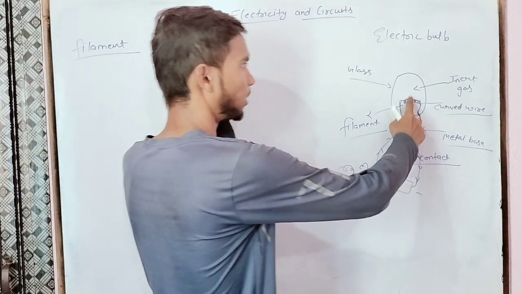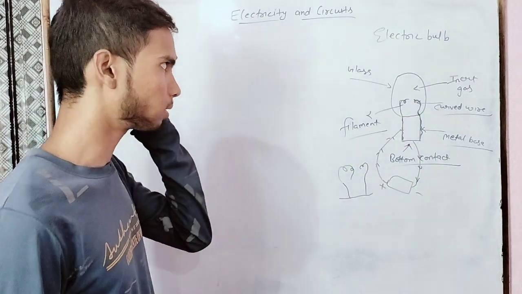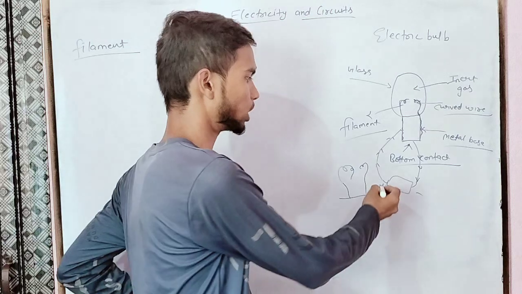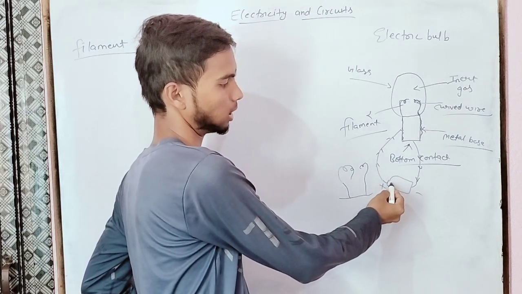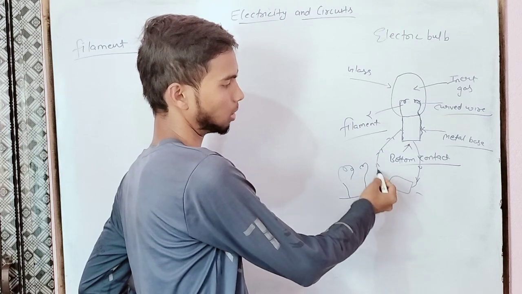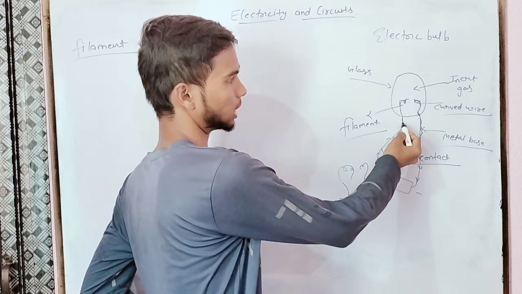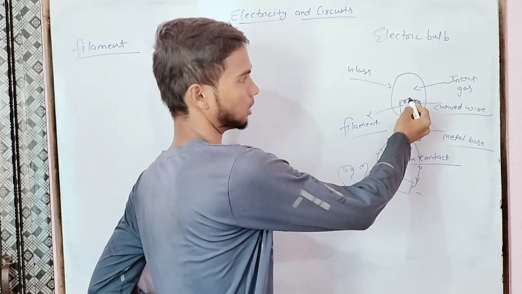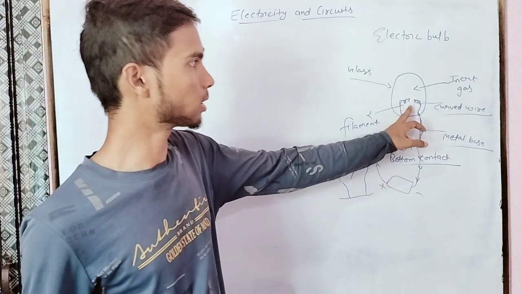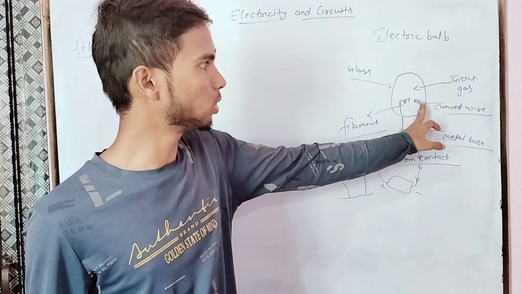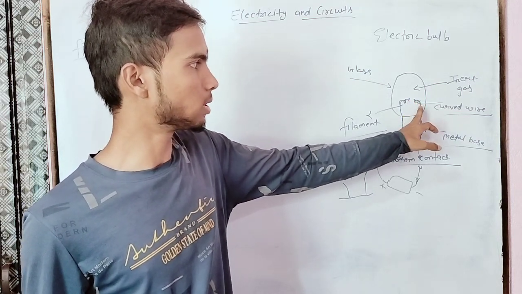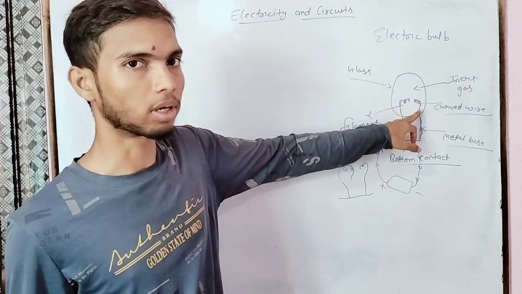If the filament is broken, then you can see this electricity will come out, then it will go like that, then it will end here. Here you can see electricity will not be able to go through this broken filament.